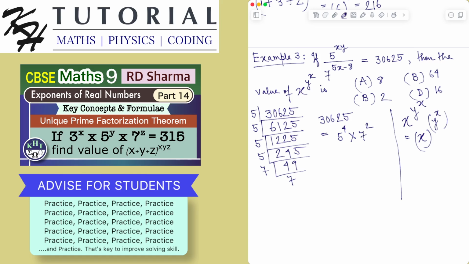simplify a little bit. It is given 5 raised to the power x y, and in the denominator I am having 7 raised to the power 5x minus 8. I will bring the denominator up. That is, it will be 7 raised to the power minus of 5x minus 8.